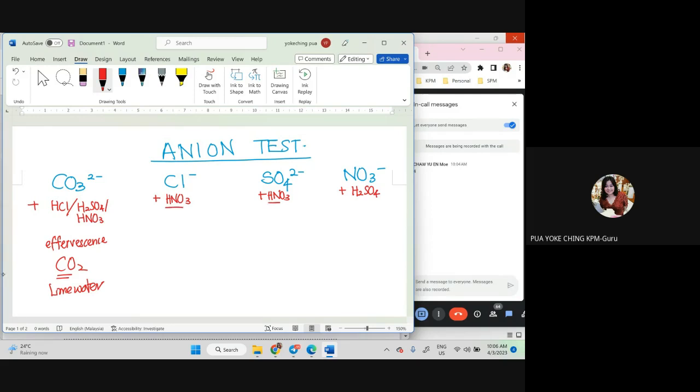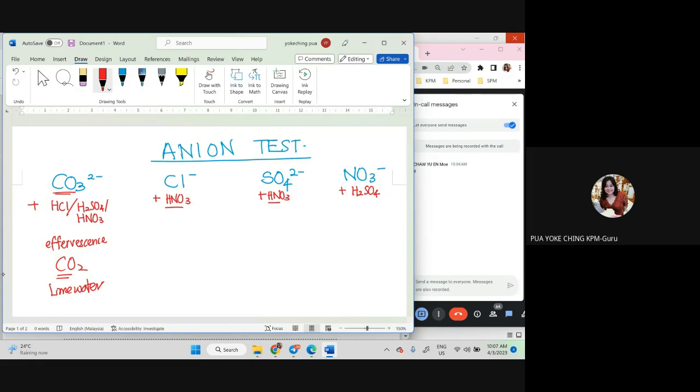Okay, this is to, how we say, untuk membezakan ataupun untuk mengidentify there is no carbonate ion. Sebab kita tahu kalau dia ada carbonate ion, dia akan dapat carbon dioxide. You will get effervescence. So, setiap kali kita test ion, kita tambah acid untuk mengesahkan there is no CO3 2 minus.